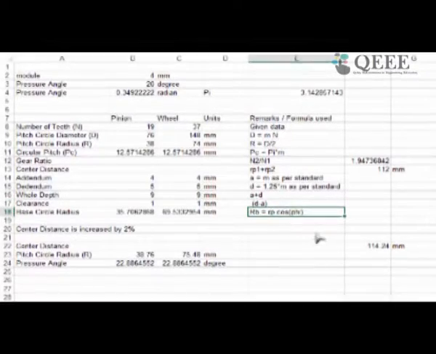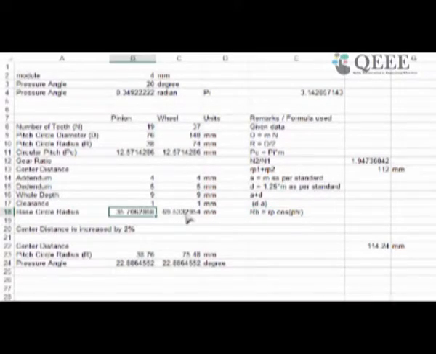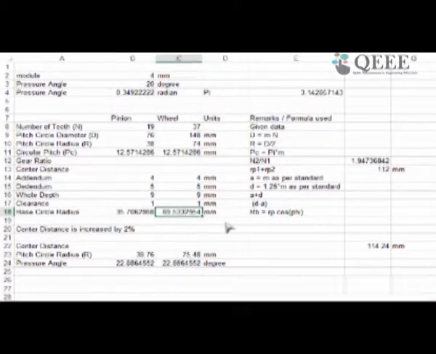The base circle radius, which is the cosine of the pressure angle multiplied by the pitch circle radius, is coming out to be 35.7 and 69.5 mm respectively. So this is the nominal dimension, the dimensions which are supposed to be present in the gears as per the designer's recommendation.